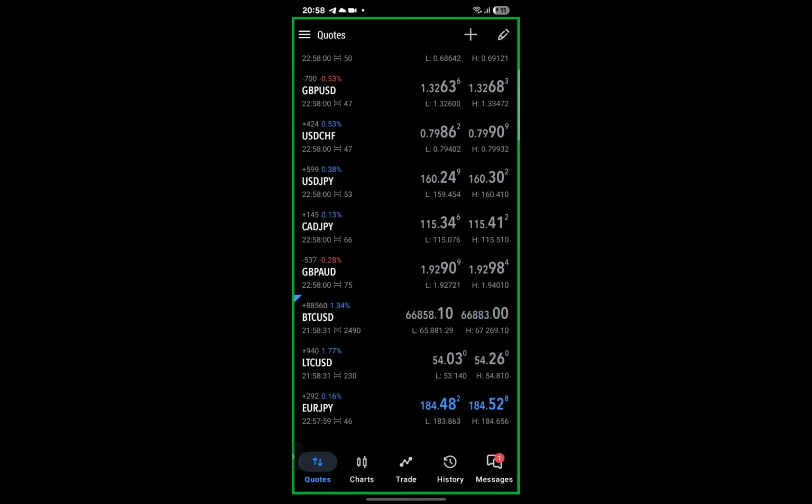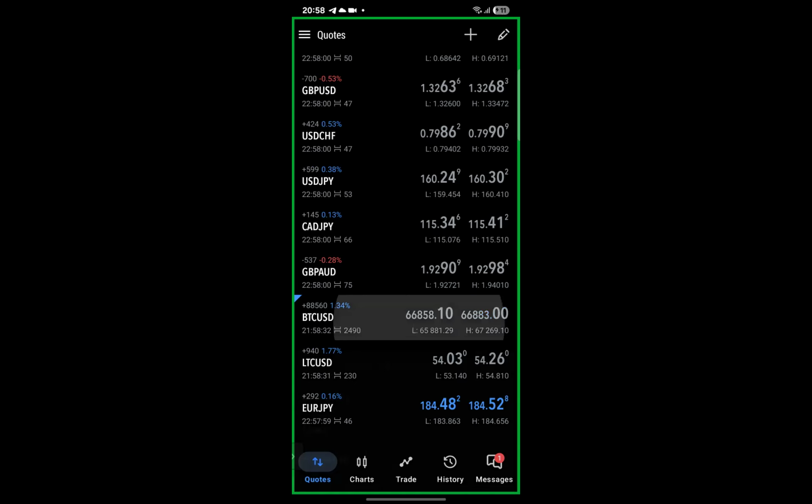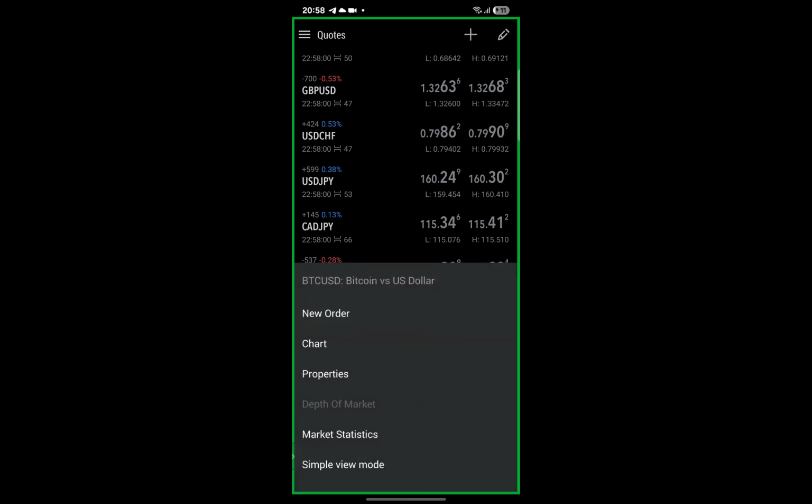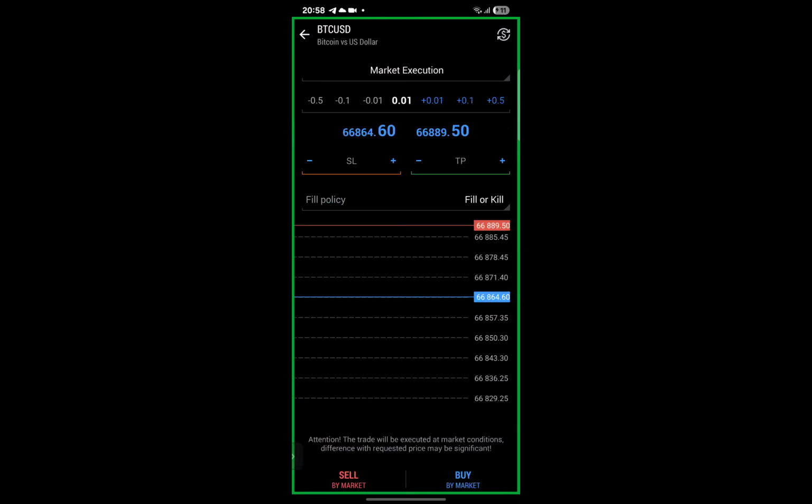Now, if I tap on BTC USD like this, just tap on it once, you'll see there is a new order here showing. There are charts. If you click on new order, it will take you to where you're going to enter your buy or your sell trade.